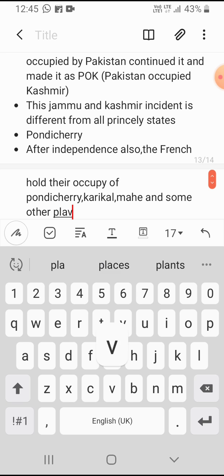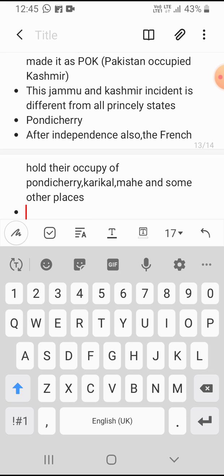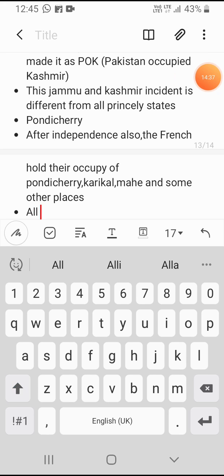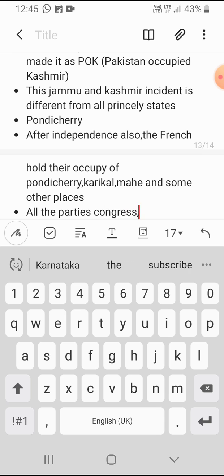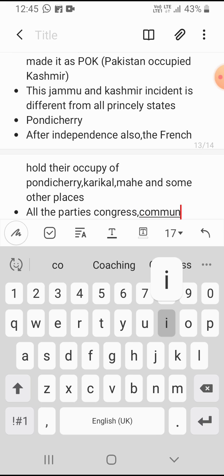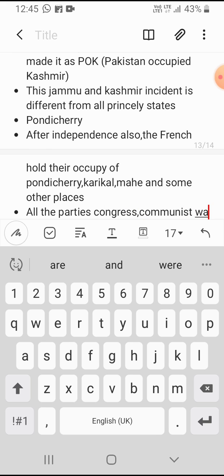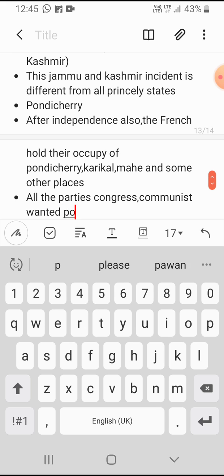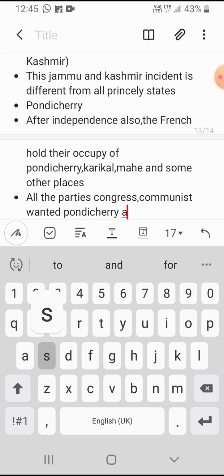They held their occupation even after independence. All the parties, like Congress, Communist and other parties, wanted Pondicherry as part of India.